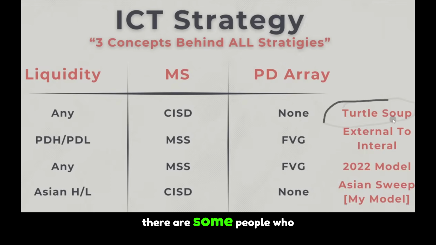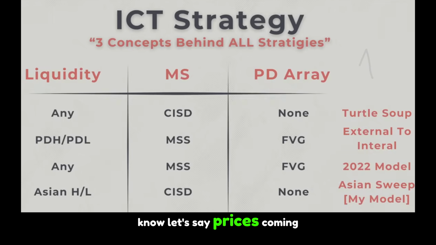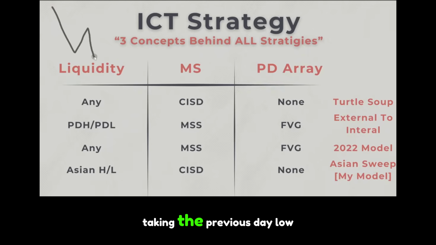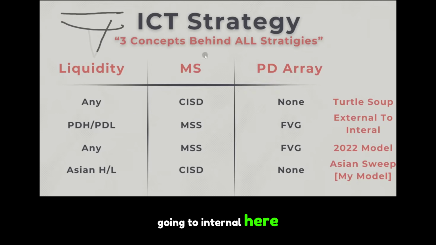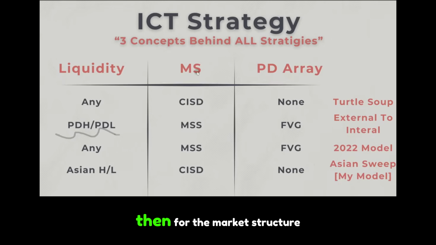Now let's say that there are some people who are coming with external to internal. So let's say, for example, taking previous day high or previous day low, then returning to the internal structure, right? So taking, let's say prices come in lower, taking the previous day low, going into internal here. How do we deal with this? What is this based on? So when talking about liquidity, previous day low, then for the market structure, what are we looking for exactly?